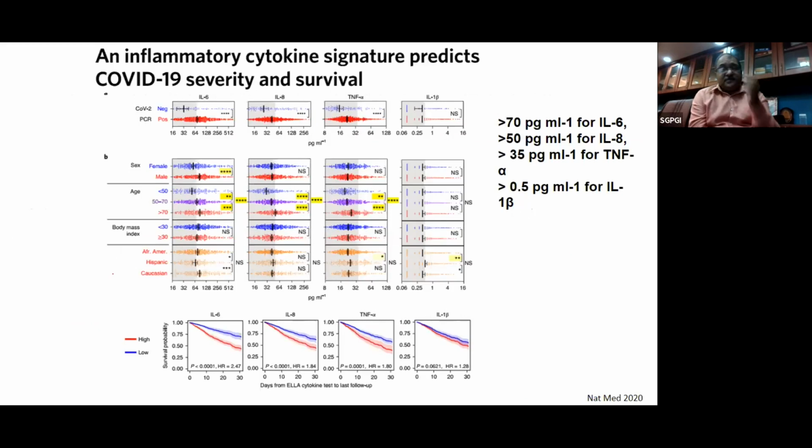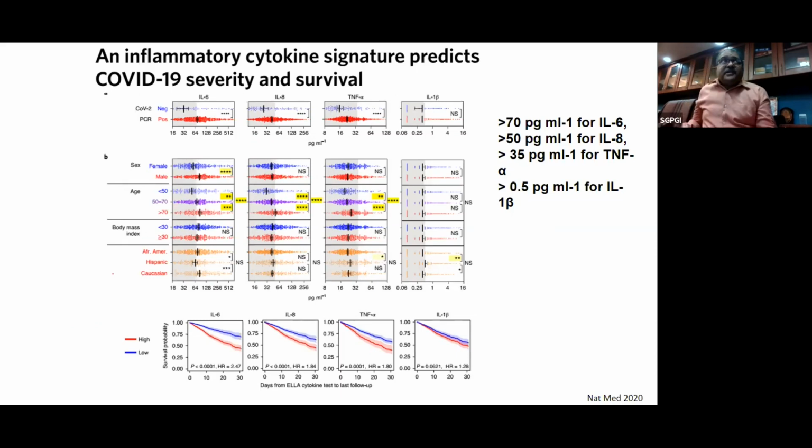And this is almost the penultimate slide of my presentation, where this paper, which was published in Nature Medicine in the month of August, for the very first time, very clearly gives you the cutoff levels of cytokines.